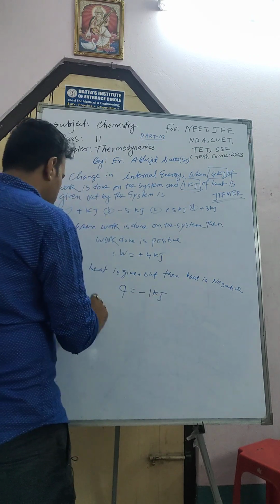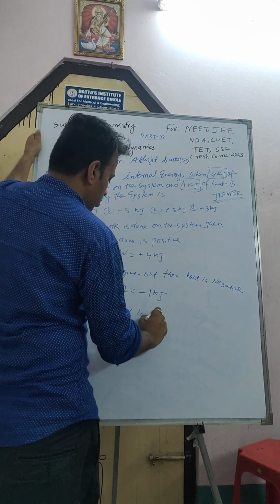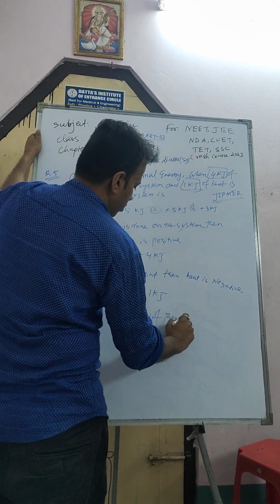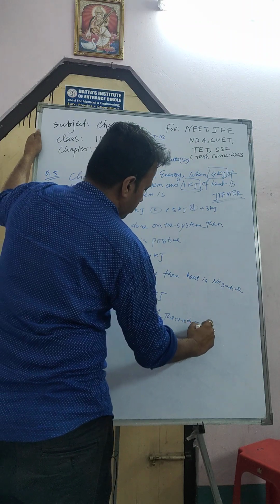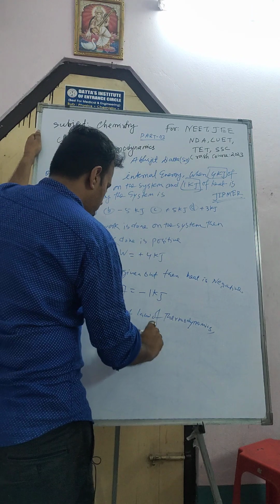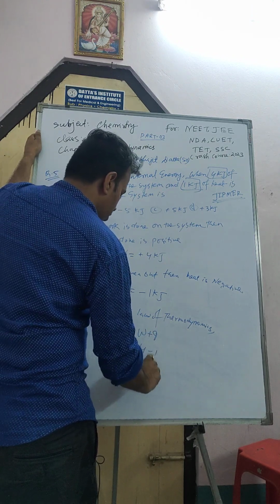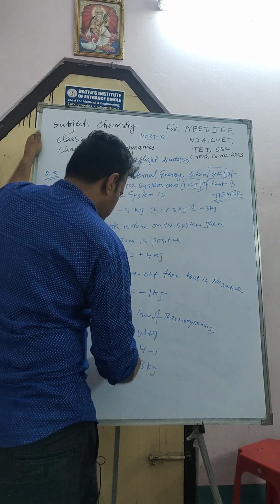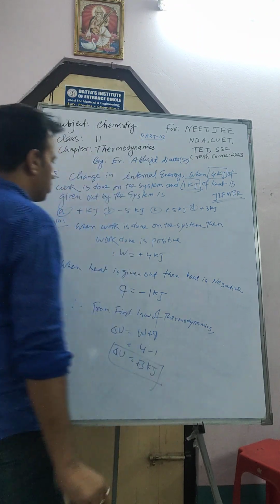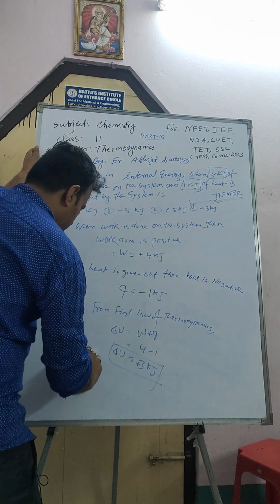Now from the first law of thermodynamics, we have ΔU equal to W plus Q. So that is 4 minus 1, that is plus 3. So plus 3 kilojoule will be the change in internal energy. Which option is correct? Option D is the correct answer.